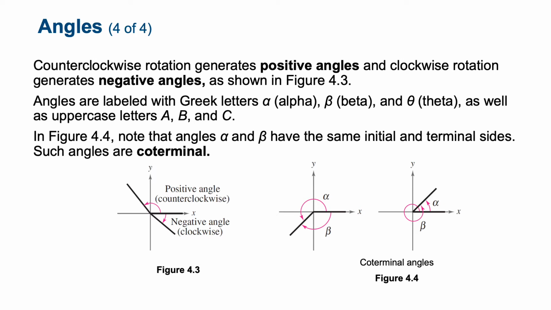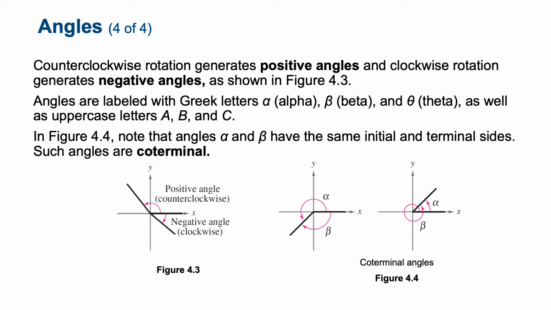Angle alpha, in the middle here, is positive, going counterclockwise from the x-axis, and beta is a negative angle going clockwise. Even though they end up in the same place, they're coterminal. They end at the same place, so they have the same initial and terminal side, but they are different measurements.